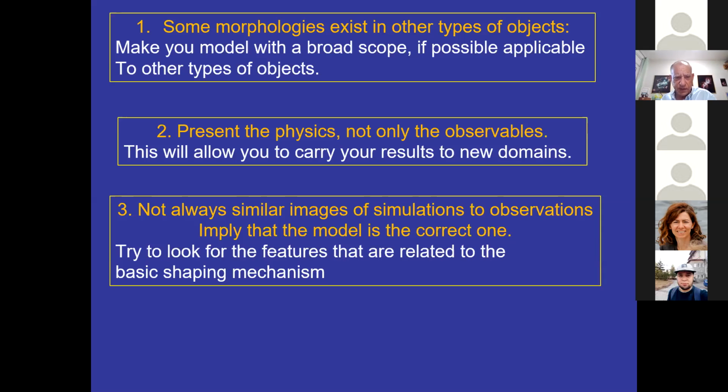And not always do similar simulation and observation imply that this is a correct model. We need to look for small features, other features, and see if it fits different evolutionary phases. So these are my few points for the opening.